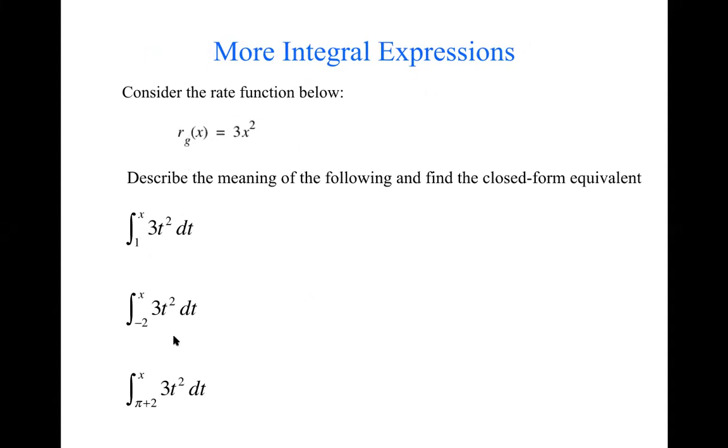I think you can evaluate each of these. So think about the meaning of them and then write down the closed form equivalent using something that you can come up with that has that rate. And there's more than one unsimplified answer, but there's only one simplified answer for each of these, up to what order you list terms in.